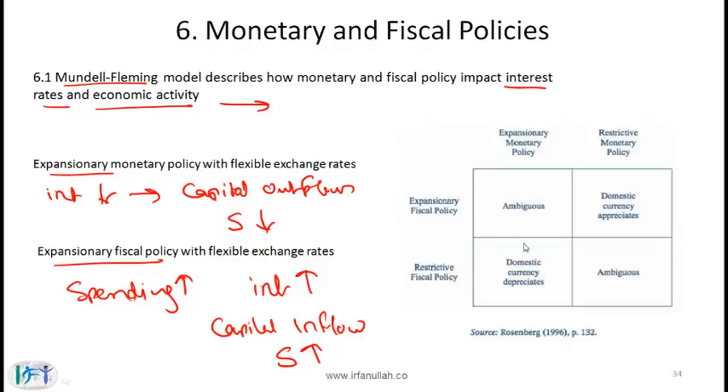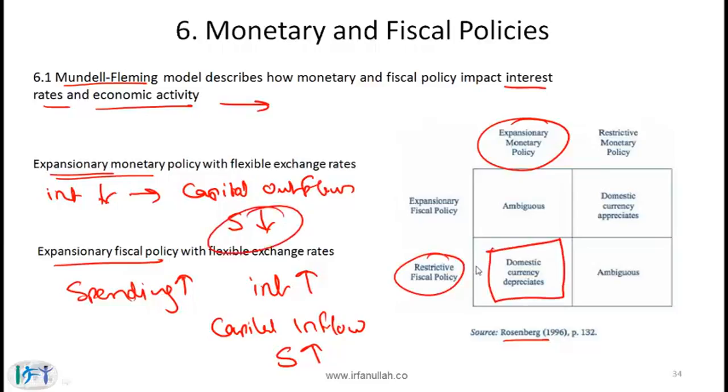The curriculum has taken this excerpt from Rosenberg, which shows the impact of expansionary monetary policy as well as expansionary fiscal policy. Note that expansionary monetary policy and restrictive fiscal policy will result in the currency depreciating.